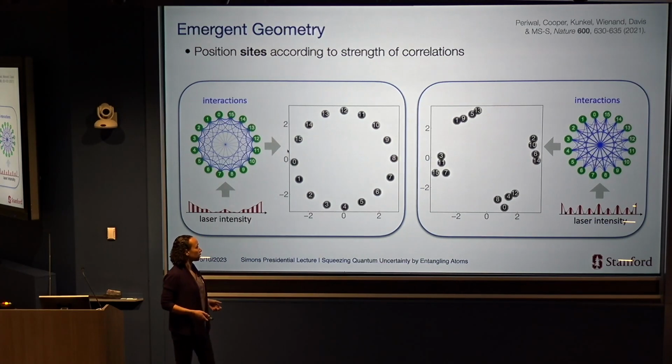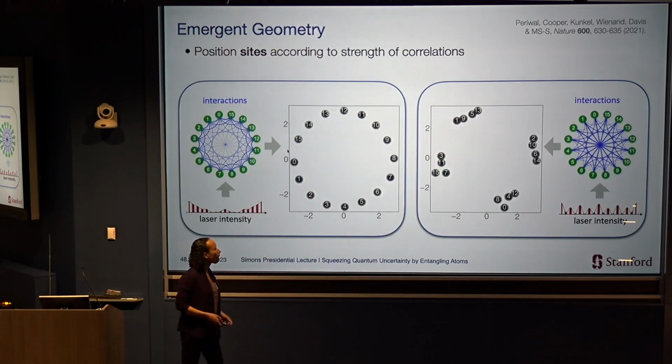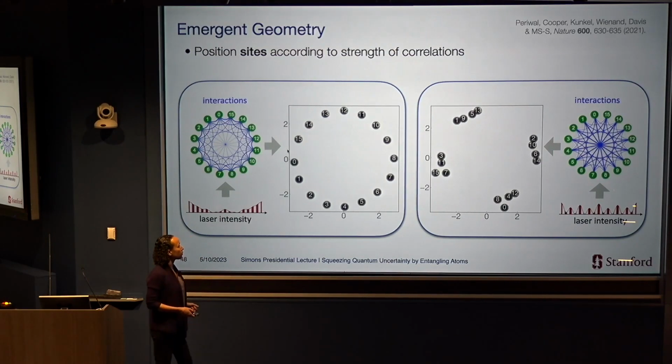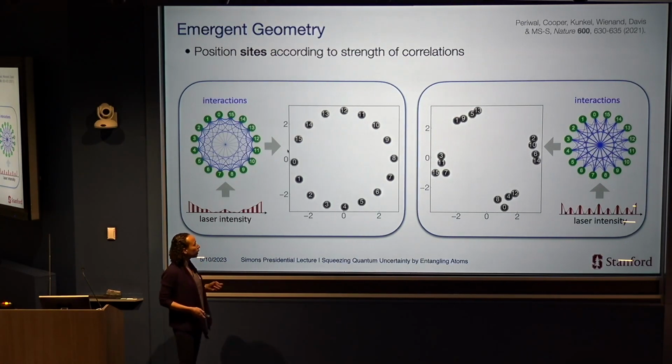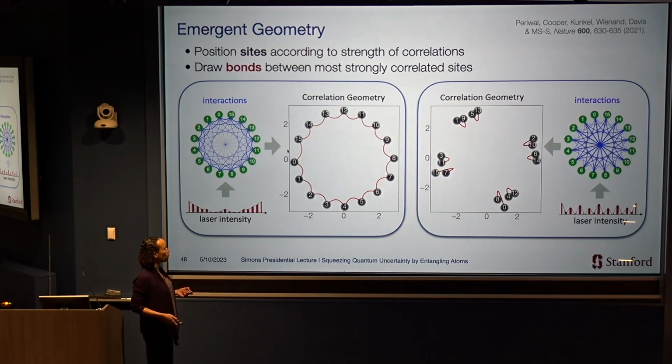Now I'll do it in these 2 different regimes where interactions are either strong between nearest neighbors or strong at large power of 2 distances. So that gives us an effective visualization of the strength of correlations, but we'll go one step further and draw bonds between the sites that are most strongly correlated.